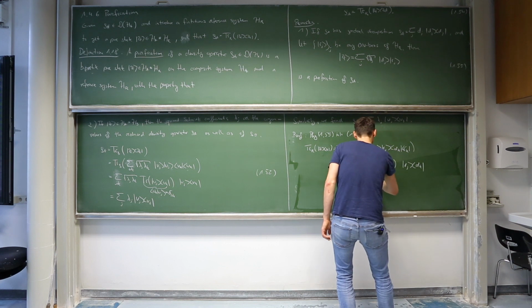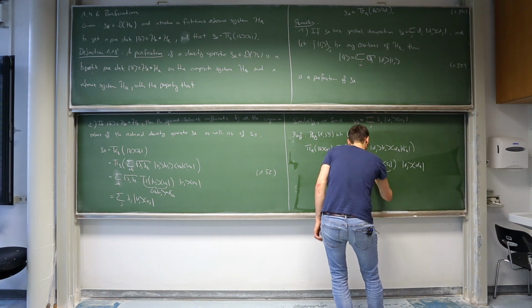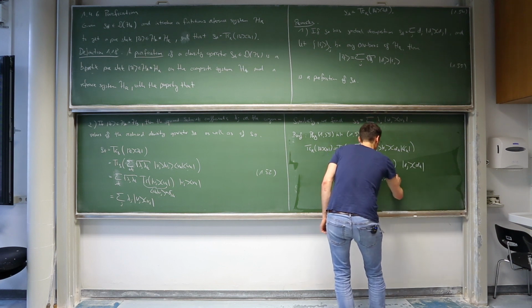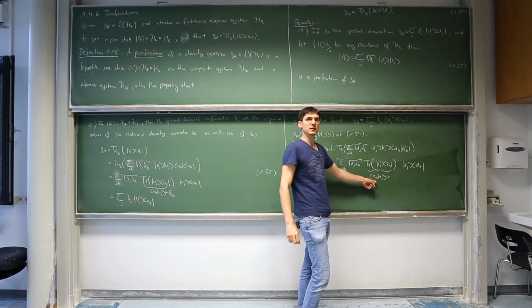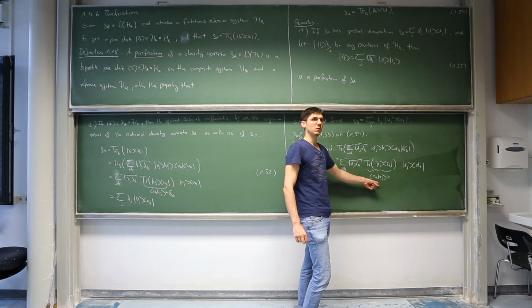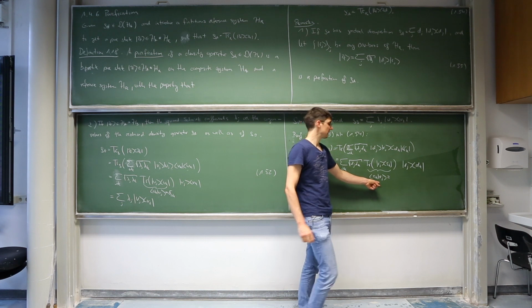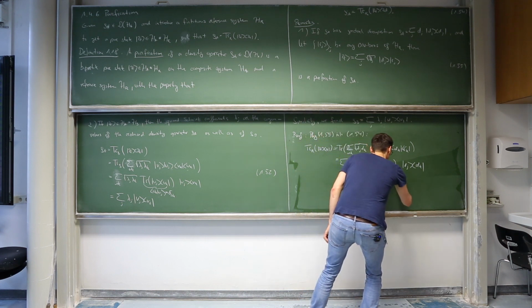This again gives us the inner product of rk and rj, and since we assumed that these state vectors r are an ON basis of our reference system, this gives again delta jk.